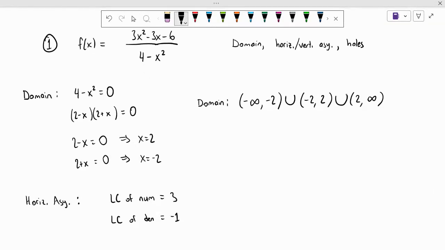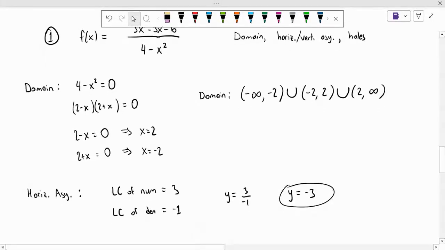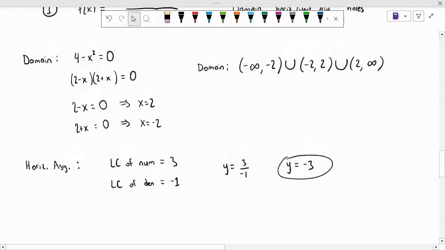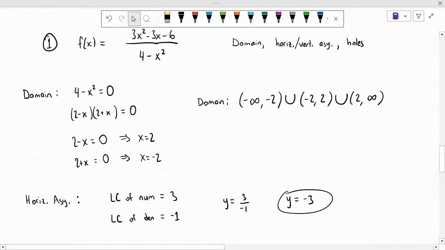So you take the ratio, 3 over -1. So y equals -3 is going to be the equation of your horizontal asymptote, okay? And you do this whenever the degree of the numerator and the denominator are equal.